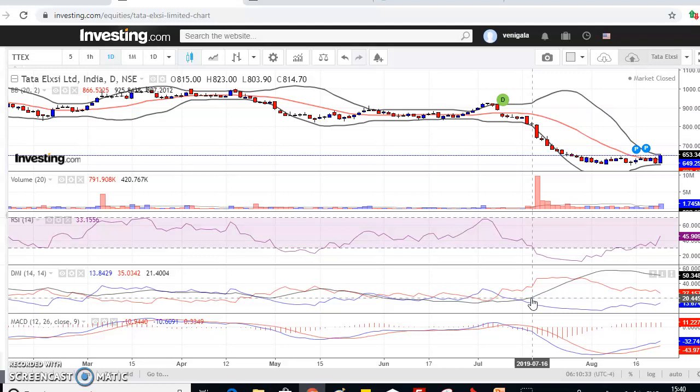It was originally developed by Wells Wilder in the year 1978. ADX has three lines: the black line indicates the ADX, the red line indicates minus DMI, and the green line indicates plus DMI.